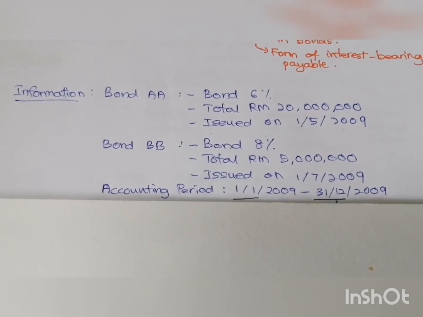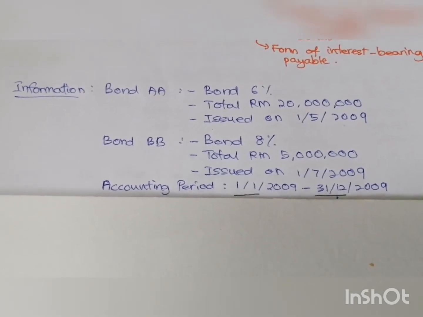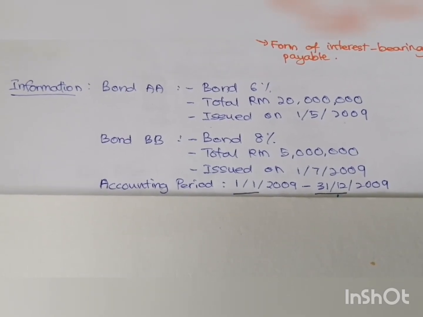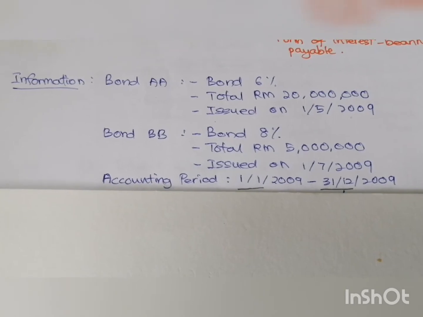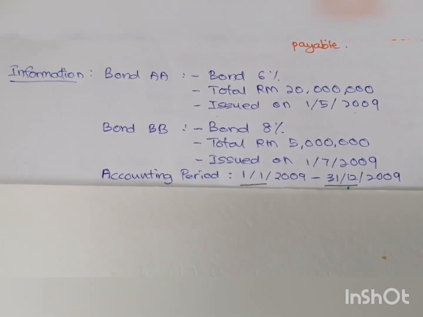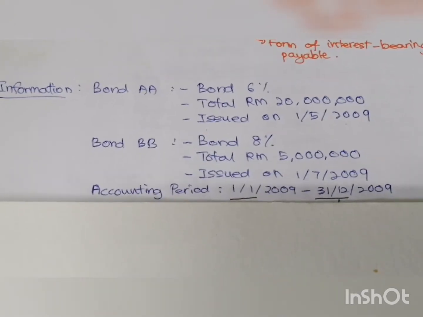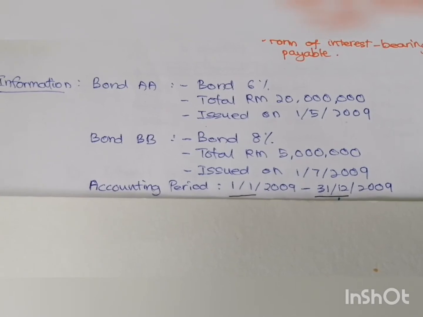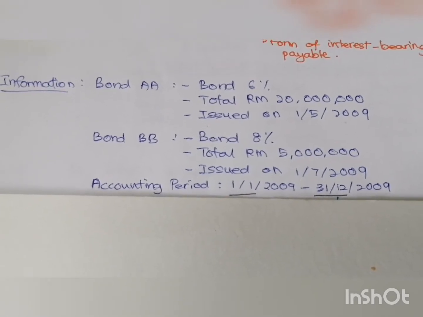Bond BB is 8%, totaling 5 million, issued on 1st July 2009. Before you do anything, you must know the accounting period. The accounting period is from 1st January until 31st December.